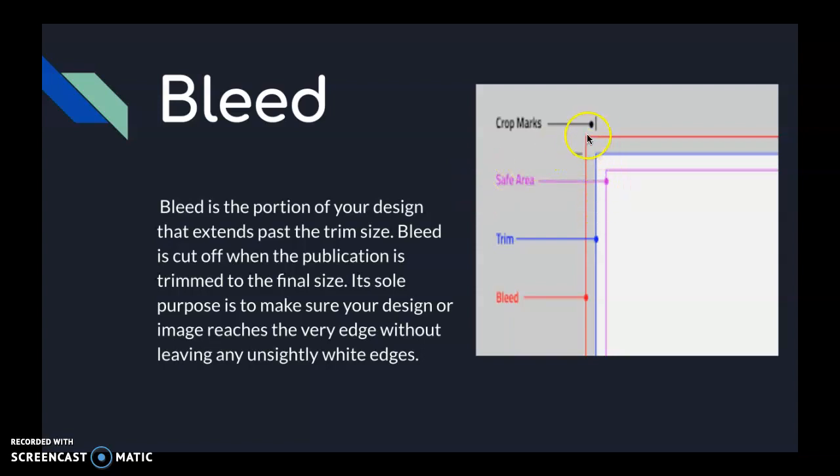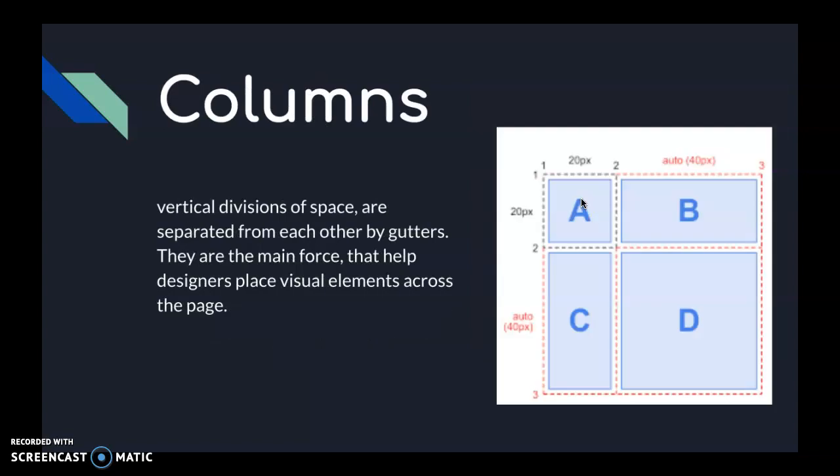So the red line here would be the bleed, obviously. You wouldn't have anything really outside of that. It makes sure it keeps everything in place, basically, of the full diagram.